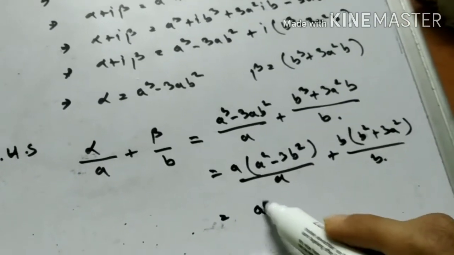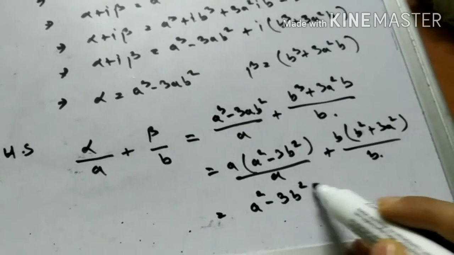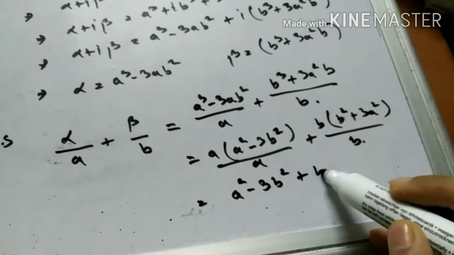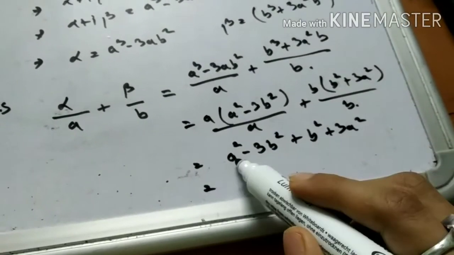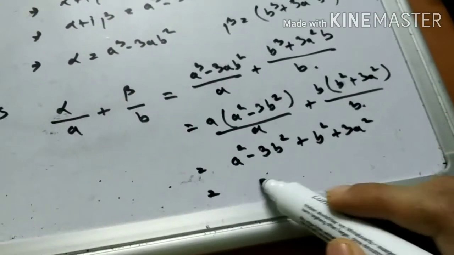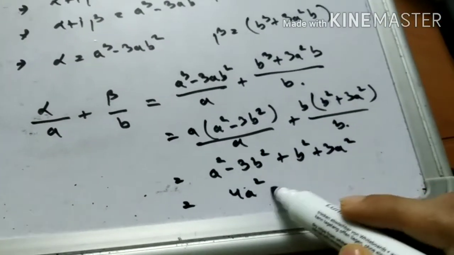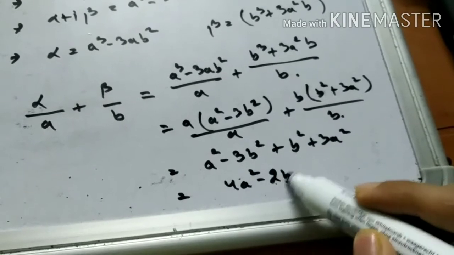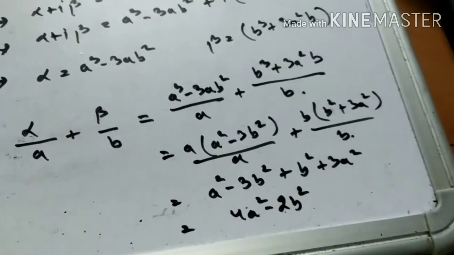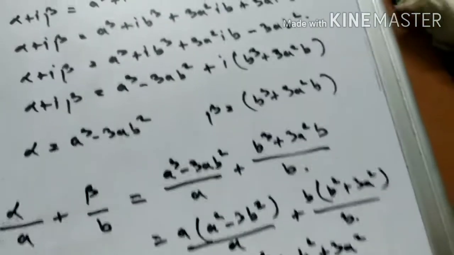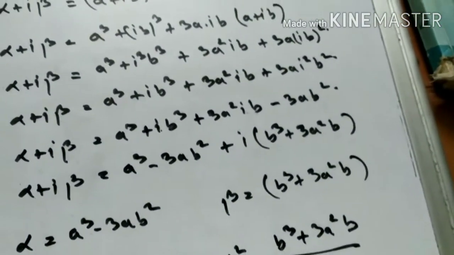So a cancels, a square minus 3b square, plus b cancels b, b square plus 3a square. So this is a square plus 3a square, 4a square, and from this I will get minus 2b square. Did I make any mistake here?